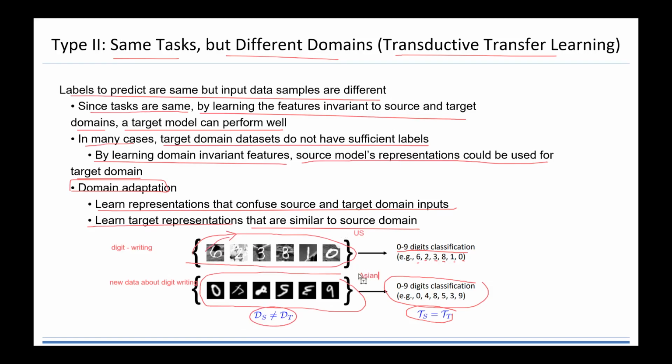So the domain is a little bit different. We can say this is a different domain, and the same task, we want to classify the digits. So this is what we call the same task, but different domain.